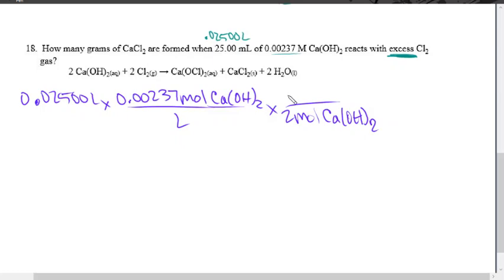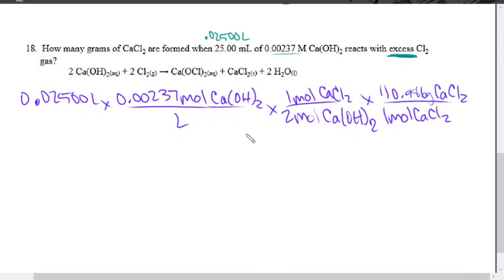It's calcium chloride. 1 mole of CaCl2 times 1 mole CaCl2 is 110.986 grams of CaCl2. When you do the math there, I got 3.29 times 10 to the negative 3 grams of calcium chloride.